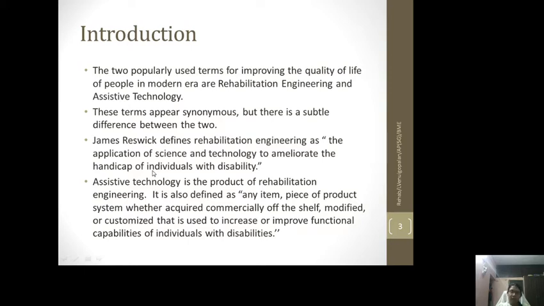So, all these are assistive technology, and it can be defined as any item, piece of product system, whether acquired commercially off the shelf, modified or customized, that is used to improve or increase the functional capabilities of individual with disability. So any product or any system or any software that can be customized or that can be used as such to improve the functional capability of an individual with disability is an assistive technology.